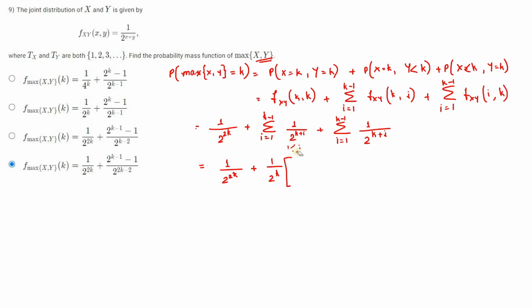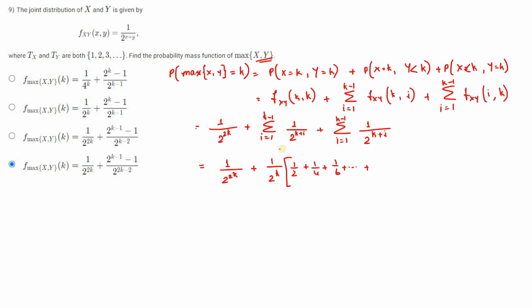So I'll just write down the values for i as 1 to k minus 1. So what will I get? If I substitute the value as 1, I'll get 1 by 2, right? So 1 by 2 plus 1 by 4 plus 1 by 8 and so on up to k.